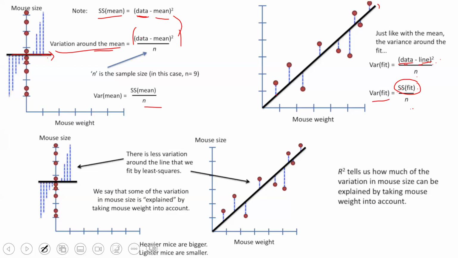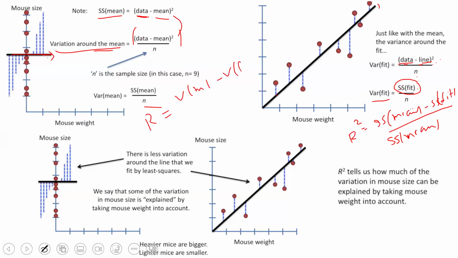Now finally, R square can be written as SS of mean minus SS of fit by SS of mean, because R square is nothing but variance along the mean minus variance along the fit, by variance along the mean, right?